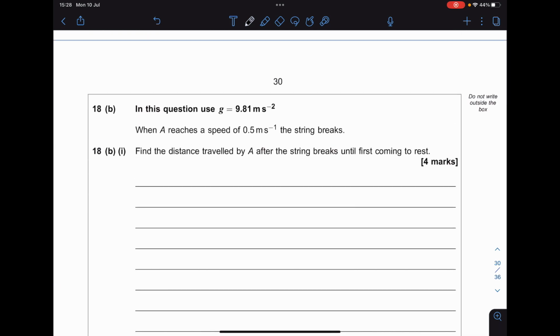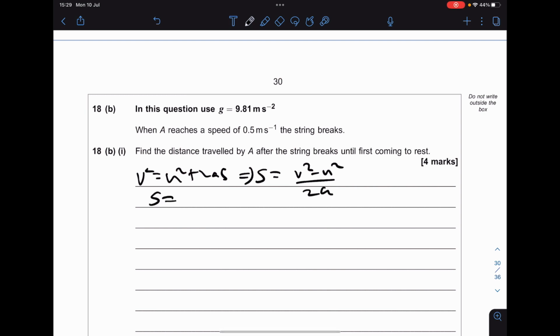Okay, use g as 9.81, reading the question carefully. Find the distance when it breaks. This is your classic v squared equals u squared plus 2as problem. So we can find s pretty quickly by doing v squared minus u squared over 2a.